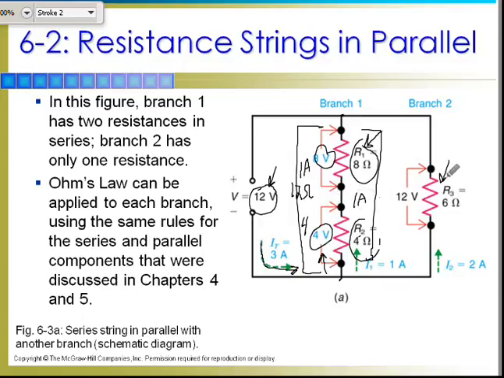Over here, I've got 12 volts across 6 ohms, which means there's going to be 2 amps of current. So the total current draw for this circuit has got to be 3 amps. This type of combination circuit is pretty much the easiest to look at.